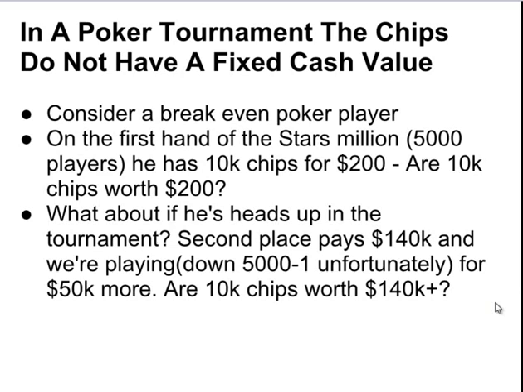So here's my example. First hand of the Stars Million, let's say it just meets the guarantee, which is 5,000 players. If a player has 10,000 chips, that's obviously worth $200 at that stage in the tournament. But 10,000 chips can clearly be worth a lot more than $200.